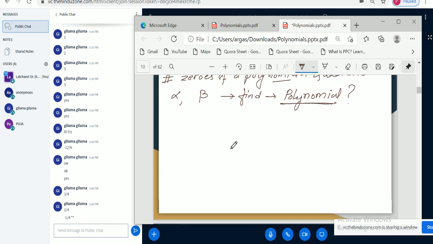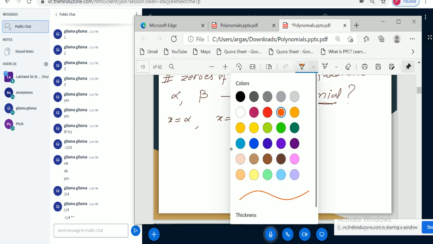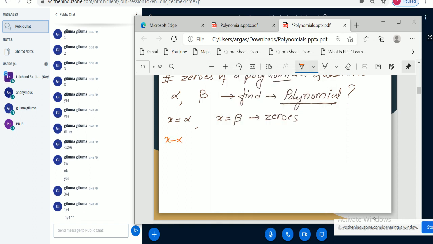Look, let's suppose alpha and beta are the two zeros. I can write one zero as x equal to alpha and the second zero as x equal to beta. These are zeros. If I transfer alpha this side and beta this side, equal to 0, these are factors.